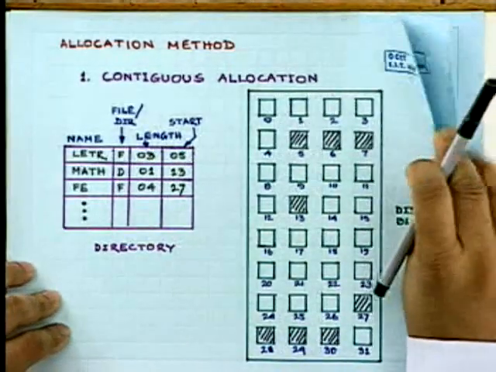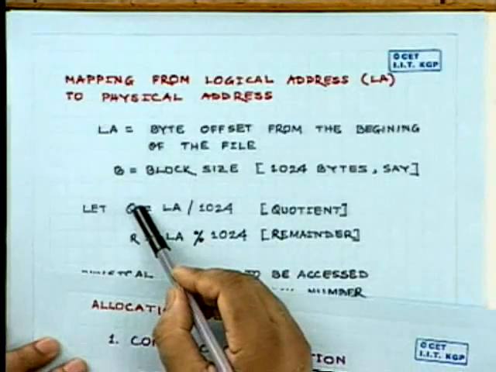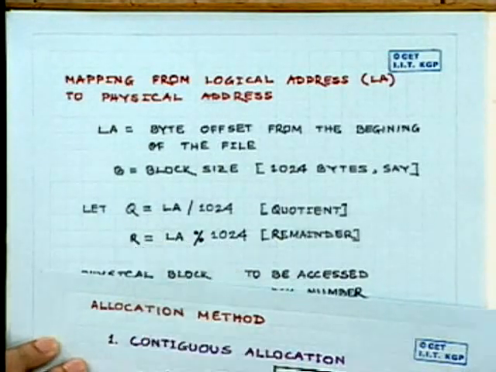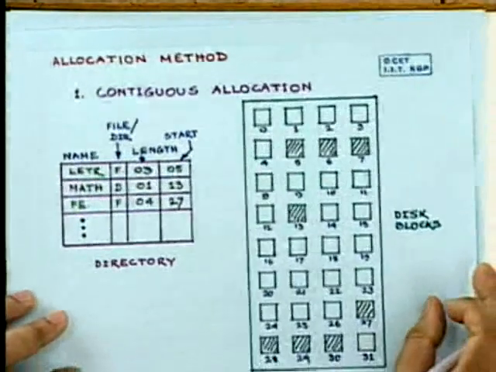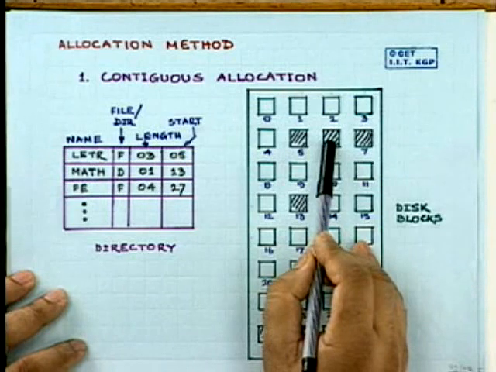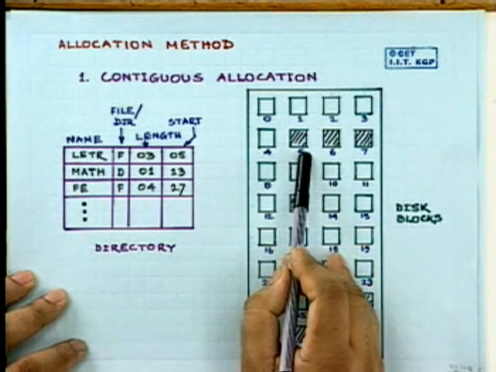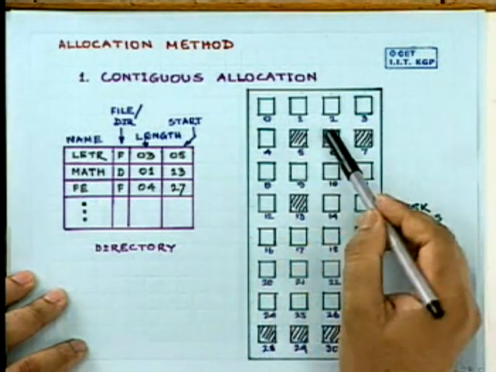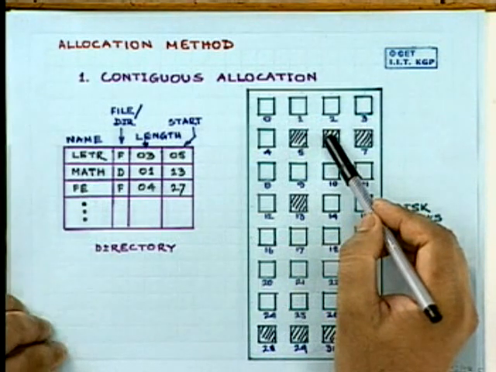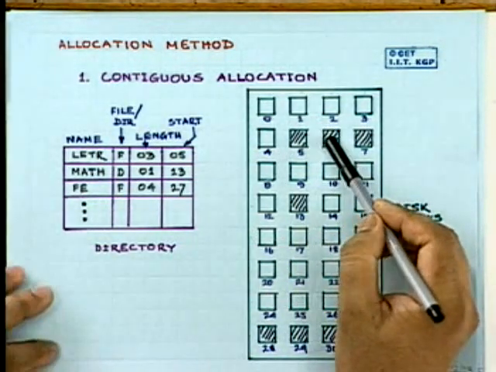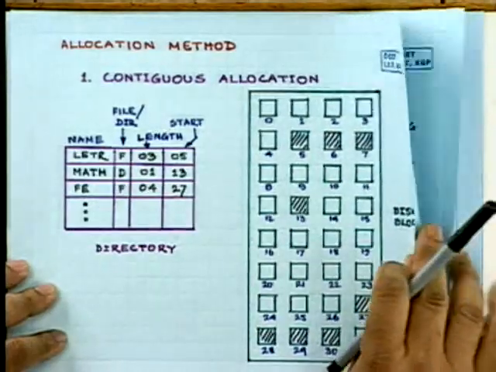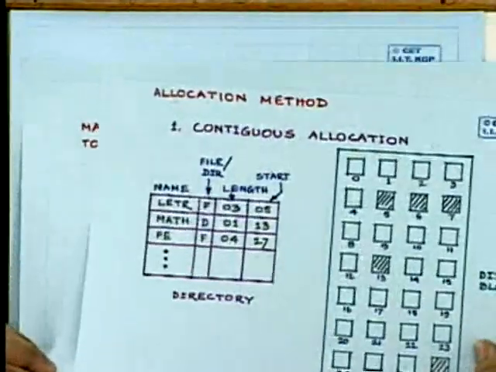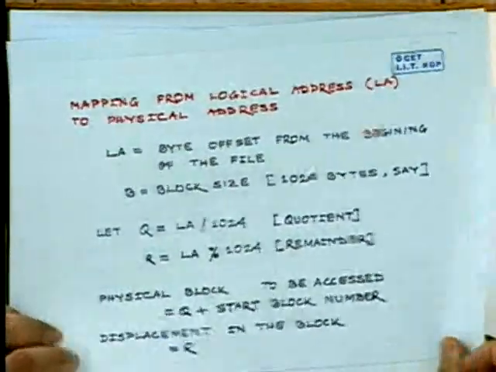Let me say once more: say the quotient is 1 and the remainder is 10, which means you'll have to go to the next block, which is the 6th, and go to the 10th byte in this physical block to access this logical record. Therefore, that is why I say that random access is possible.